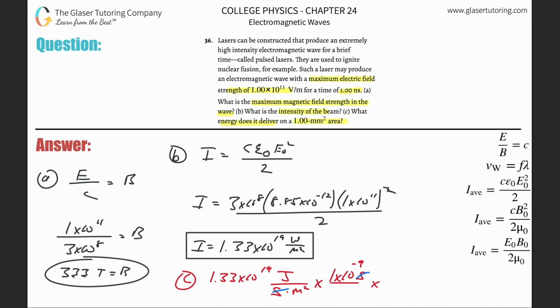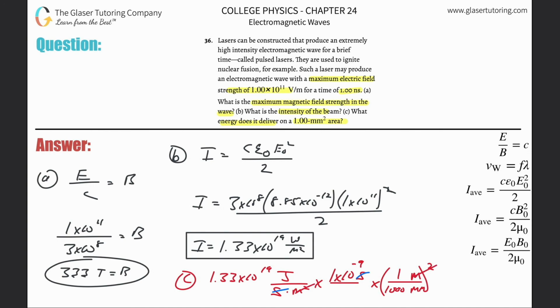But we don't want joules per square meter, we just want joules, so we have to get rid of the square meter. The problem is they gave us a millimeter square area. So we put meters on the top and millimeters on the bottom. For every 1 meter, there are 1,000 millimeters, but you have to square this whole result because you need meters squared.